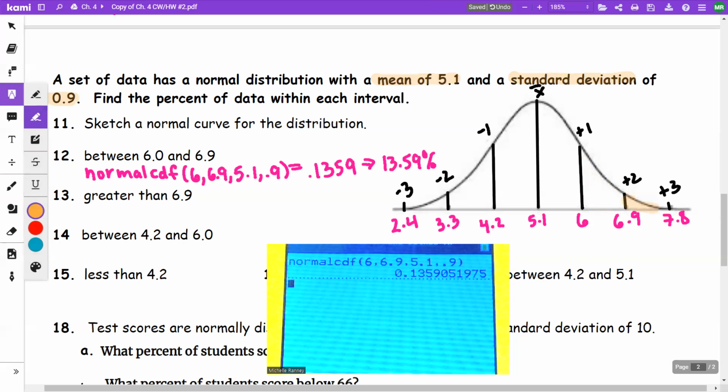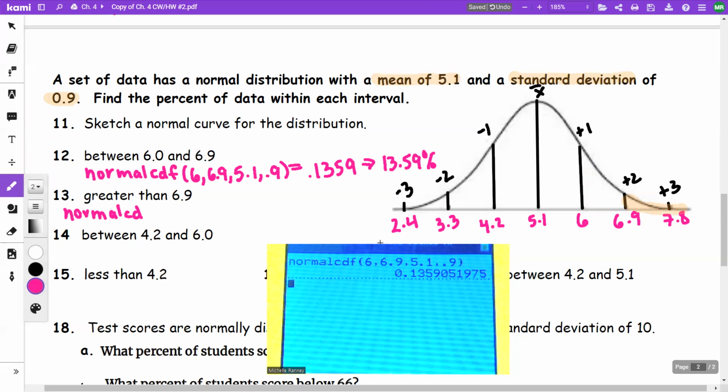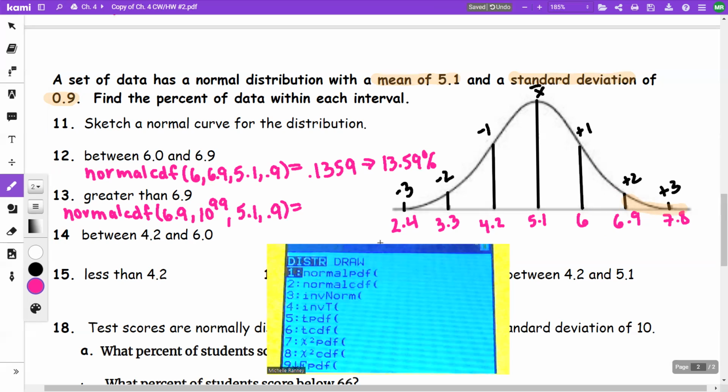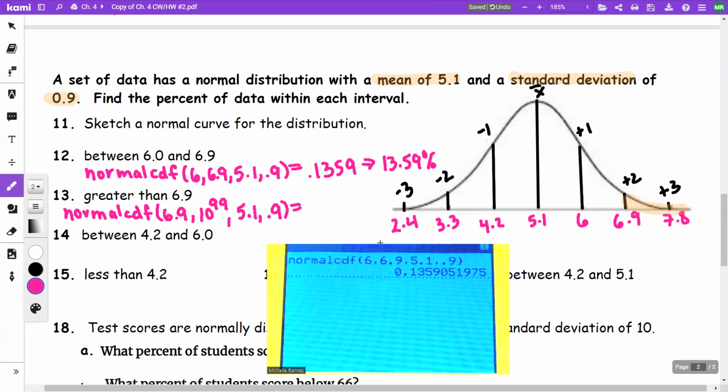Okay, the next one, we want greater than 6.9. So I want here out. So I am going to be doing the normal CDF, starting at 6.9 to infinity, but infinity is going to be 10 to the 99. Still a mean of 5.1 and still a standard deviation of 0.9. Okay, so let me enter that in. Whoops, wrong one. Sorry.